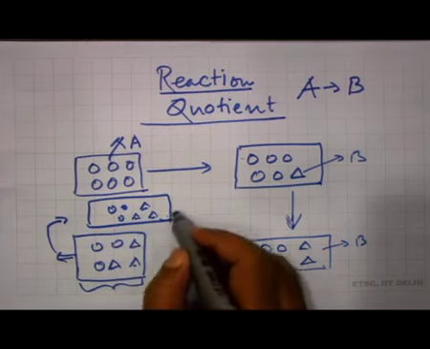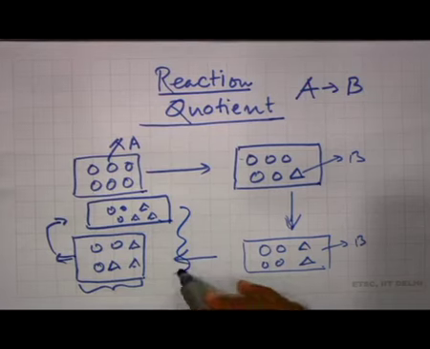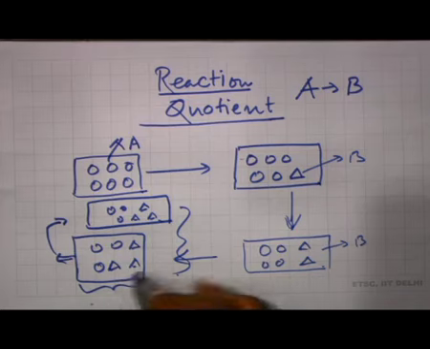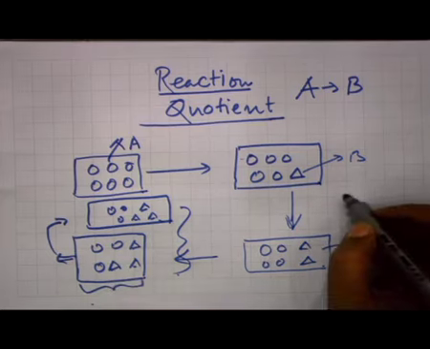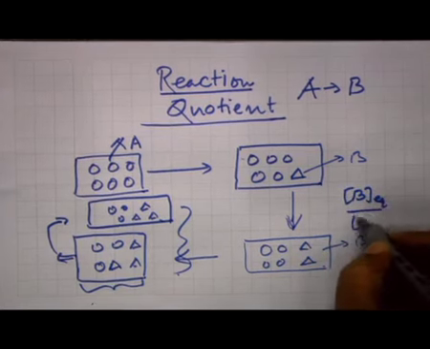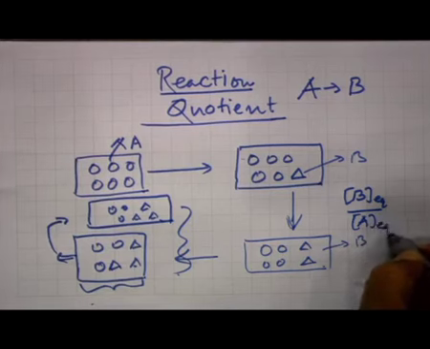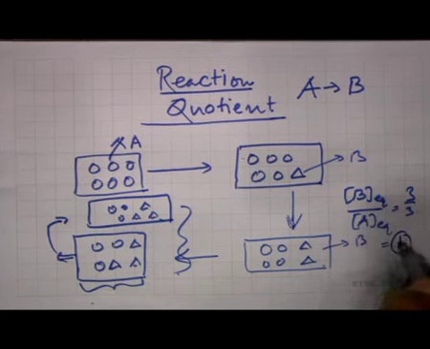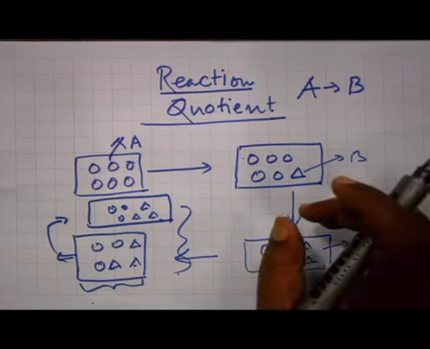In that case we say that we have reached the condition of equilibrium, and B equilibrium by A equilibrium, which is basically 3 by 3, this is 1, and this is your Kp, Kc of this reaction.